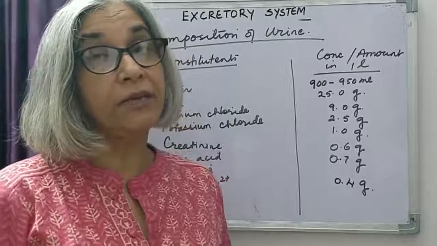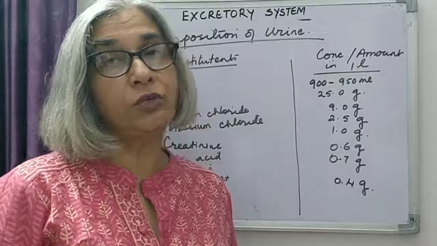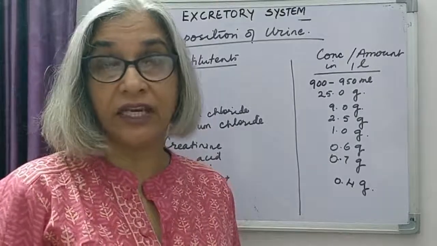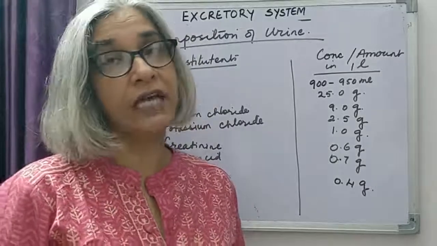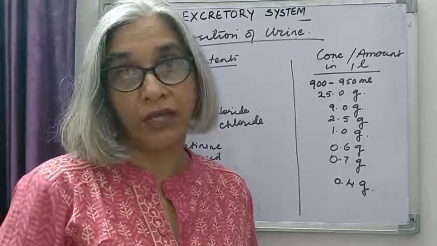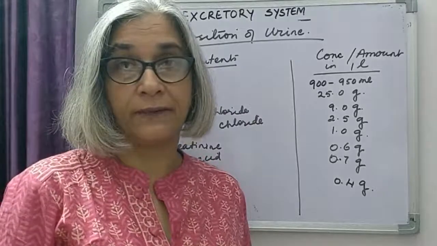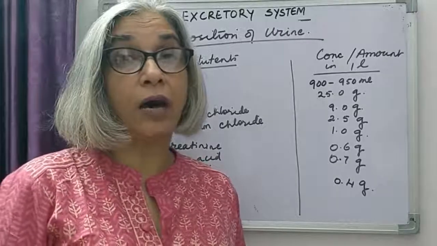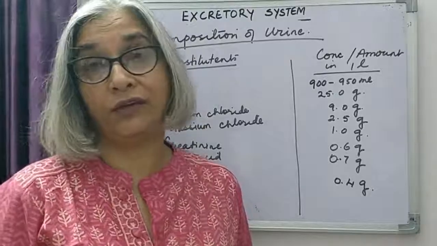It is secreted by the posterior lobe of the pituitary gland. ADH has to be written in capital letters because it's an abbreviation. This hormone regulates the amount of water to be removed in the urine.